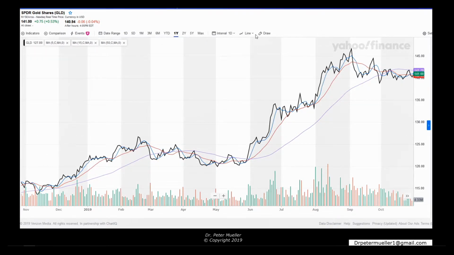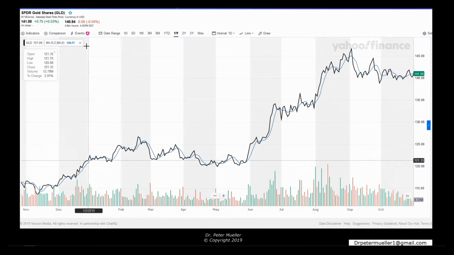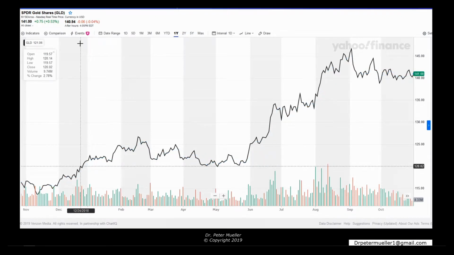Now let's clear the deck again by removing the moving averages by simply clicking on the X. And now we are testing different types of moving averages, but using the same time interval.